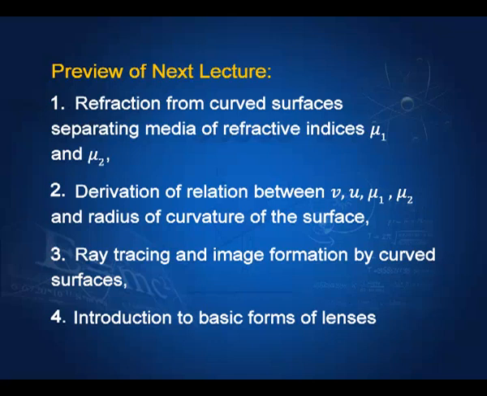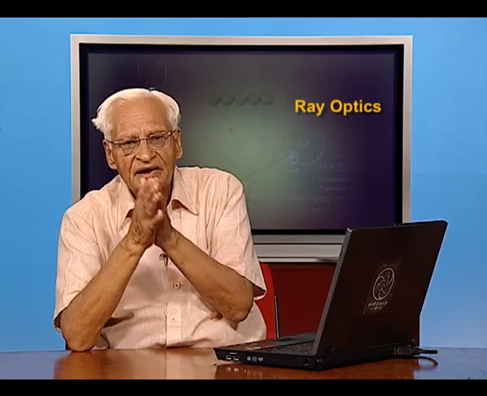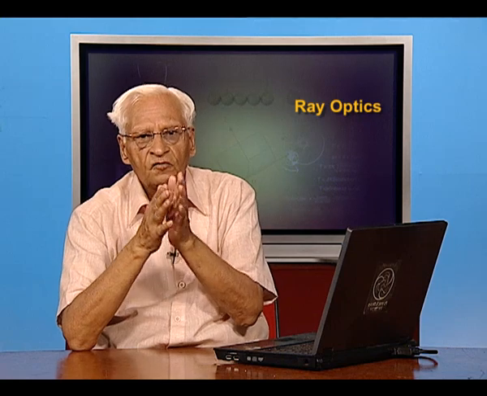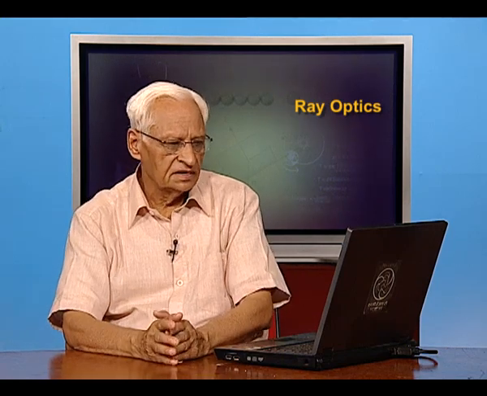And we shall also see how we can trace the rays and form images, and we will see where these are actually used. They are used in lenses, and we shall see the basic forms of lenses in the next lecture.